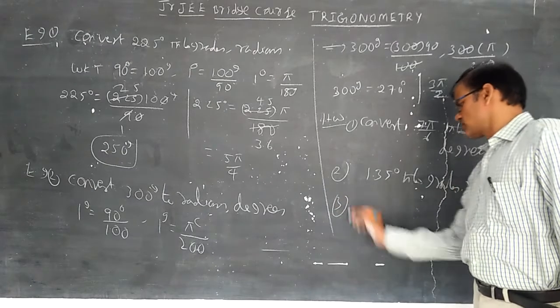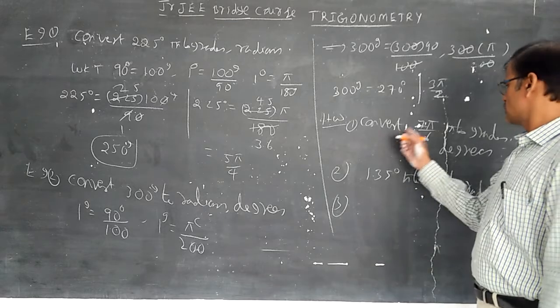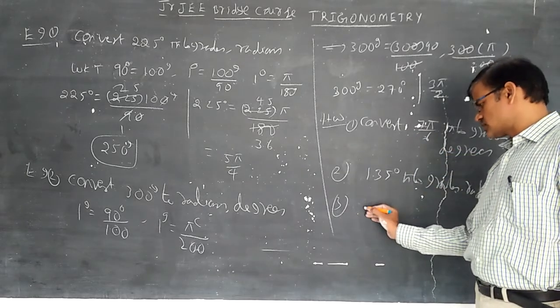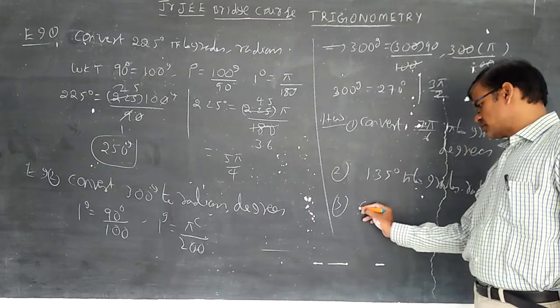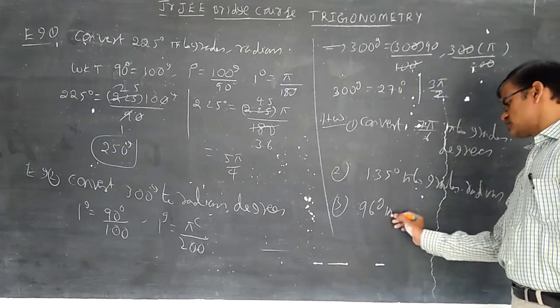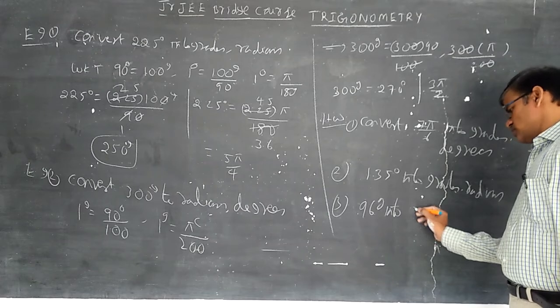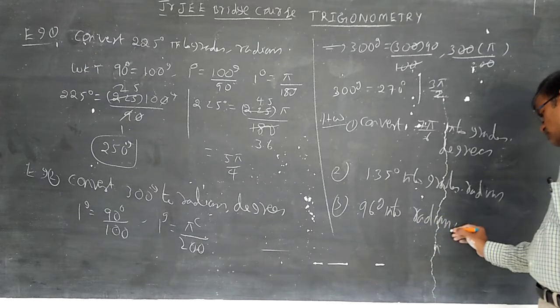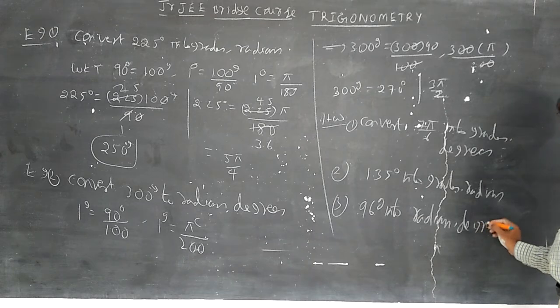Third one: 96 grades into radians and degrees.